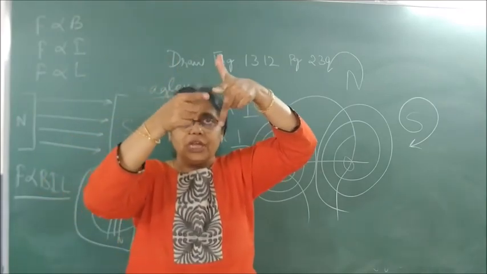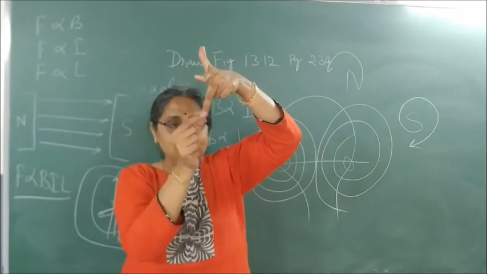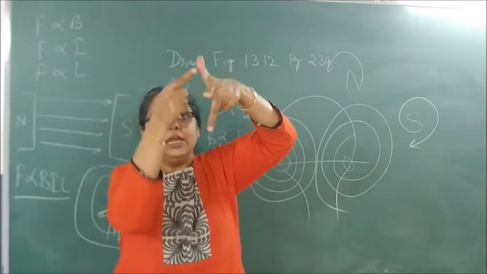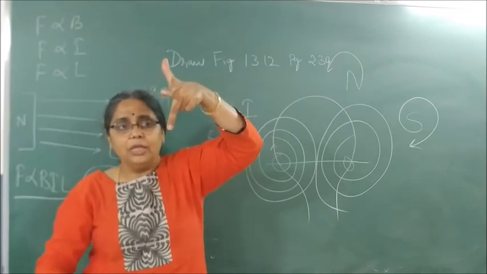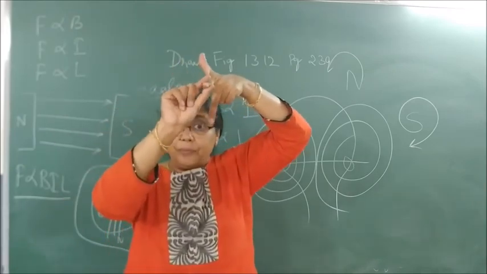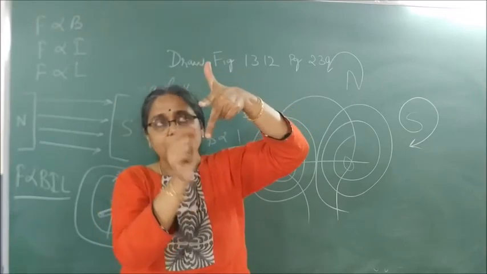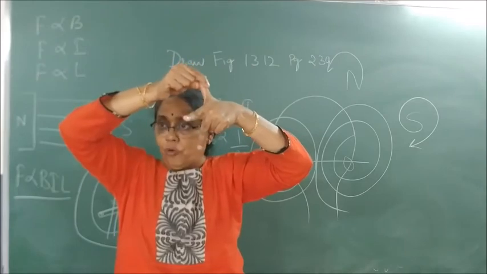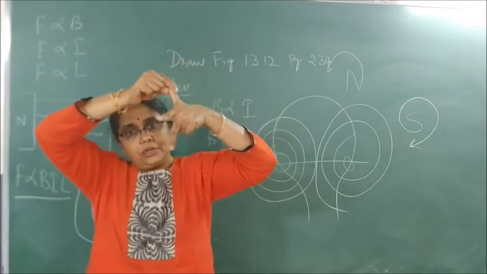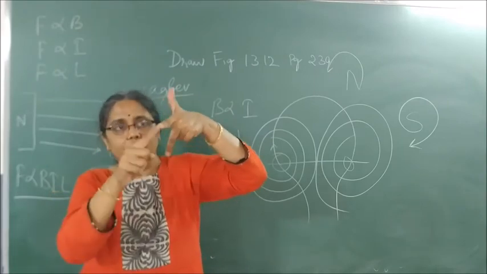Fleming's left hand rule says stretch the thumb, the forefinger and the center finger of your left hand in such a way that they are mutually perpendicular. Then the forefinger shows magnetic field, the center finger shows current, and the thumb shows the direction of magnetic force or the movement of the conductor. Your previous batch used to call this Mysore fried chicken.